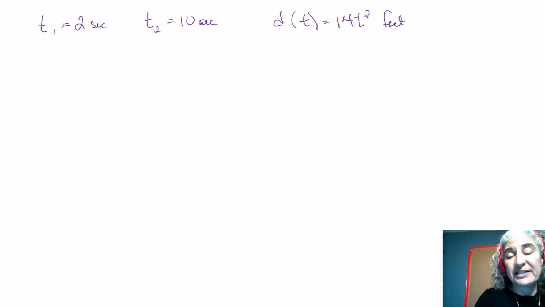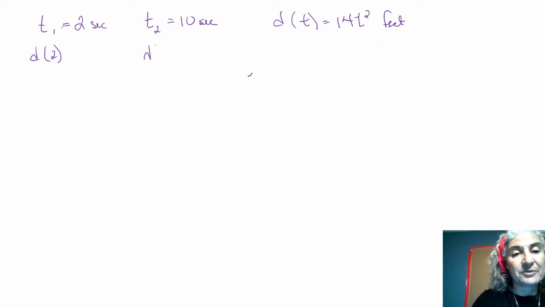So if I'm going to find the AROC, I need to find my y's for each of these, or the distances for each of these times. So let's find them for each one.